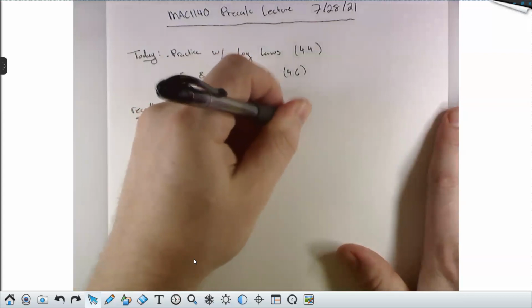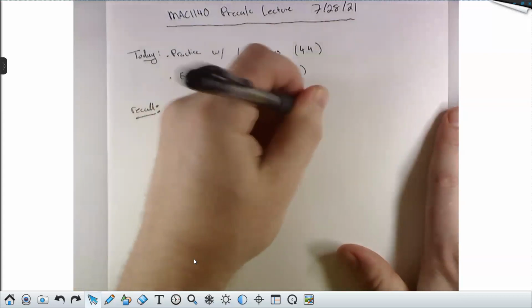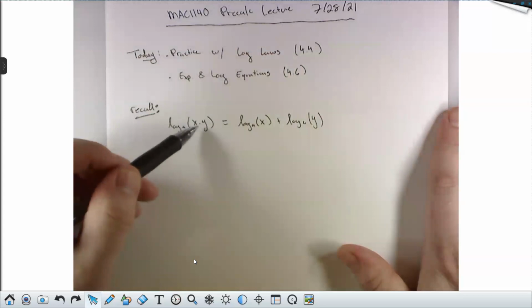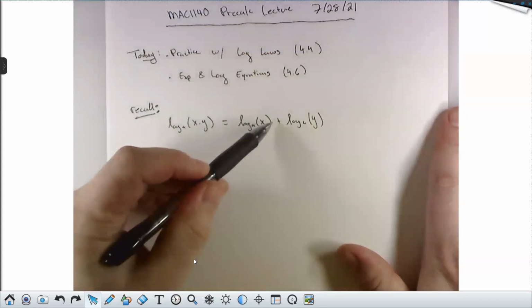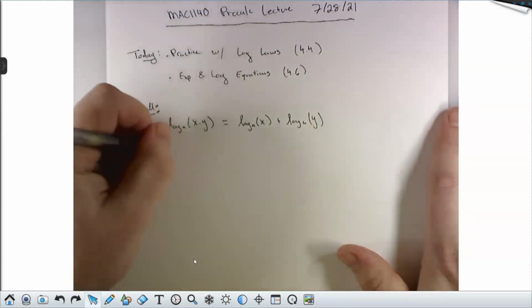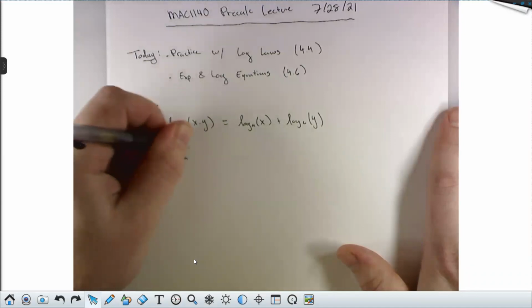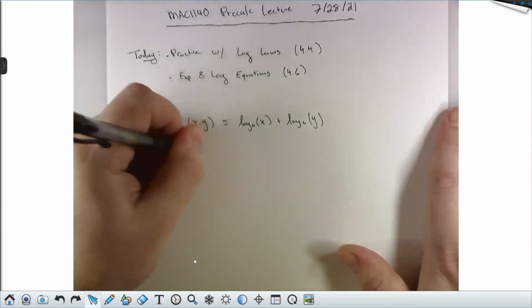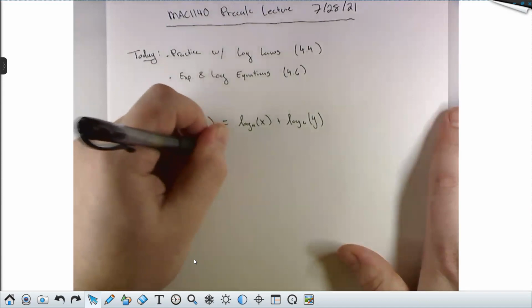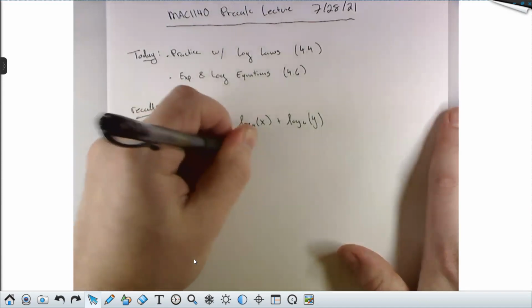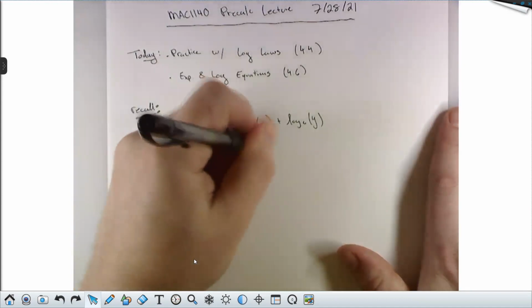So the way I say this in my head is that multiplication inside the log is the same as addition outside the log. There's a similar rule for division. Division inside the log is subtraction outside the log.